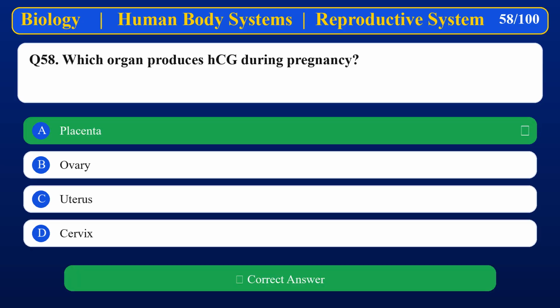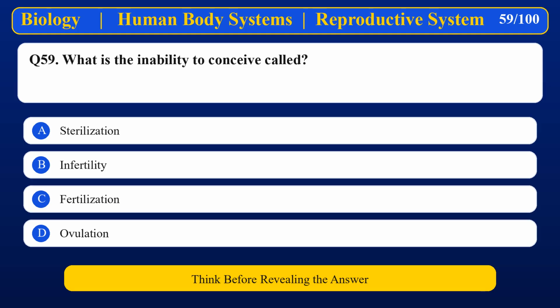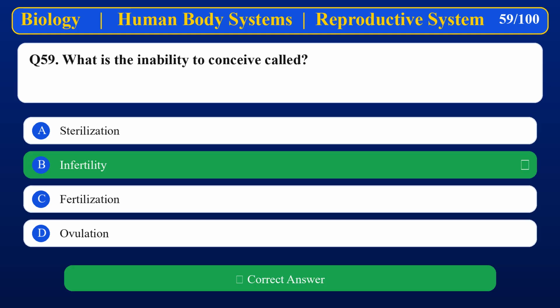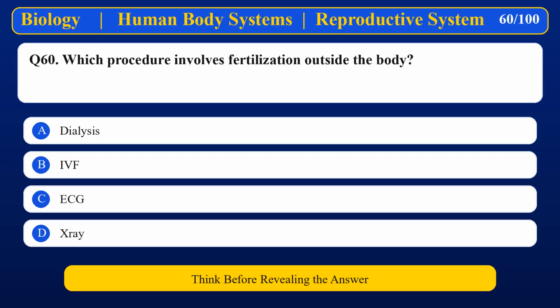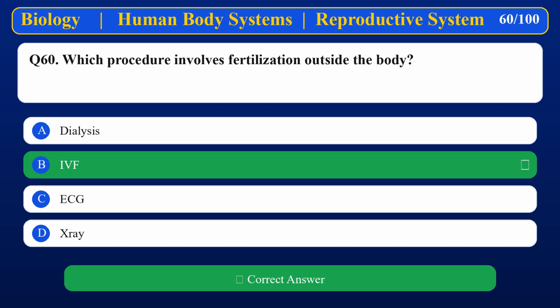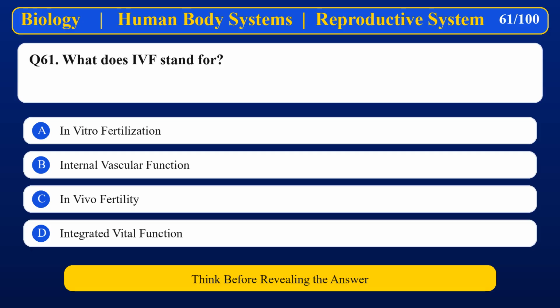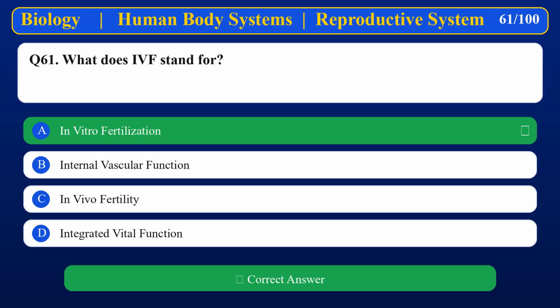What is the inability to conceive called? Infertility. Which procedure involves fertilization outside the body? IVF. What does IVF stand for? In vitro fertilization.